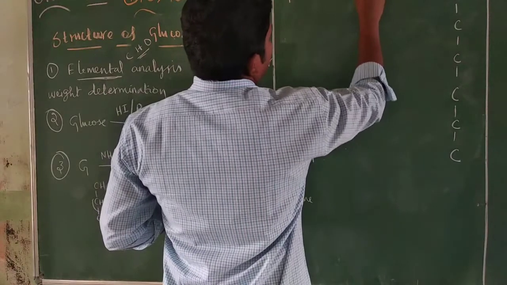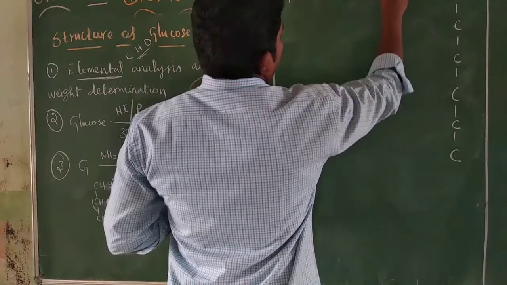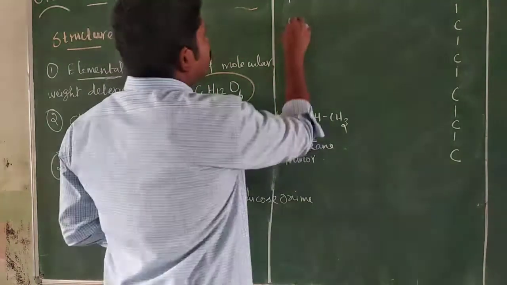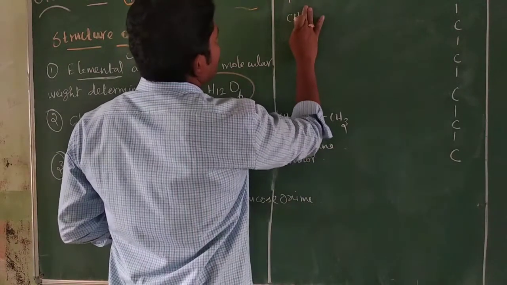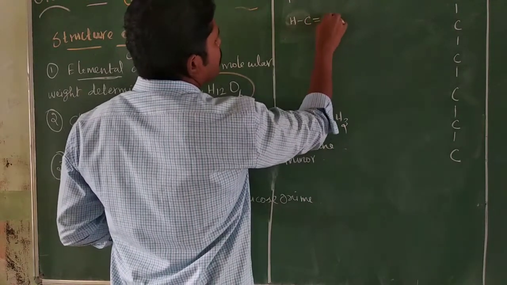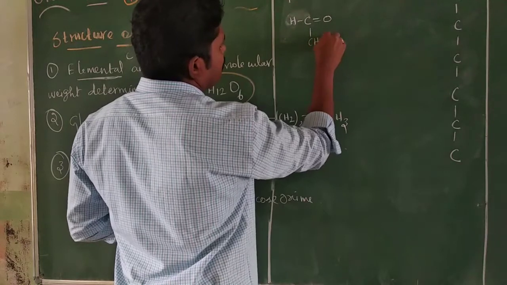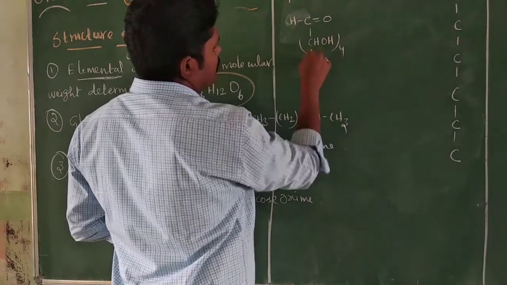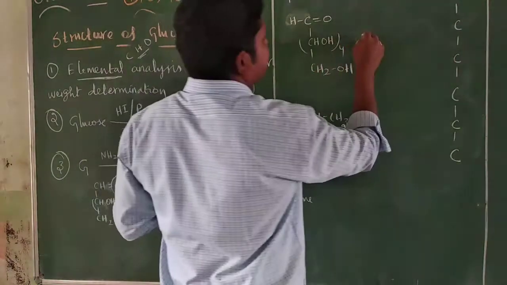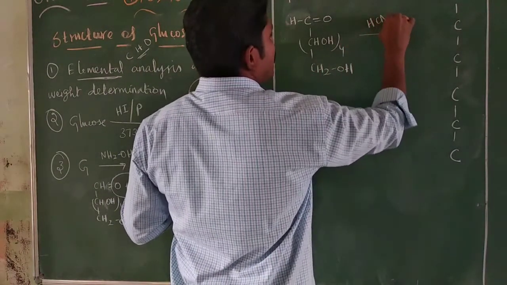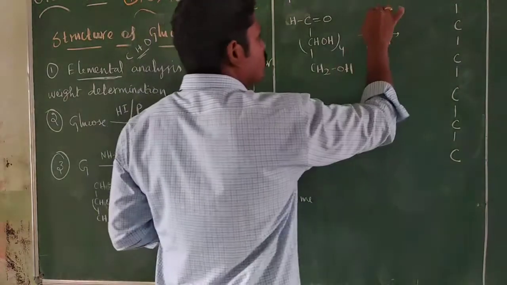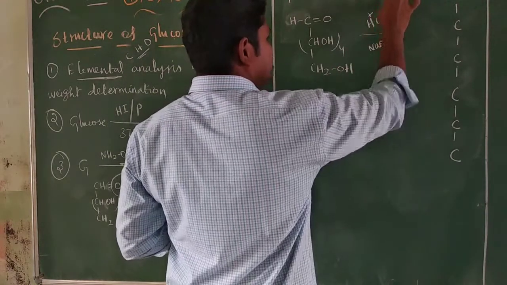Glucose reacts with HCN in the presence of sodium hydroxide. The HCN separates into H plus and CN minus.